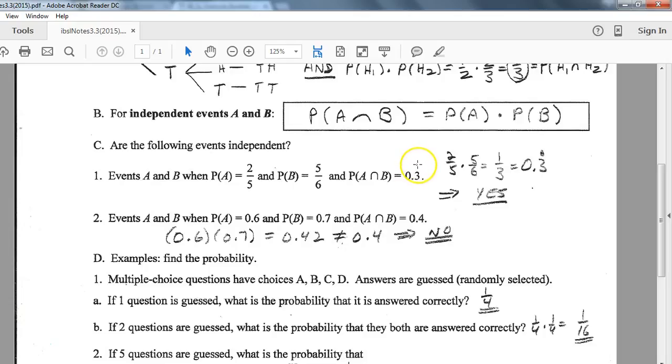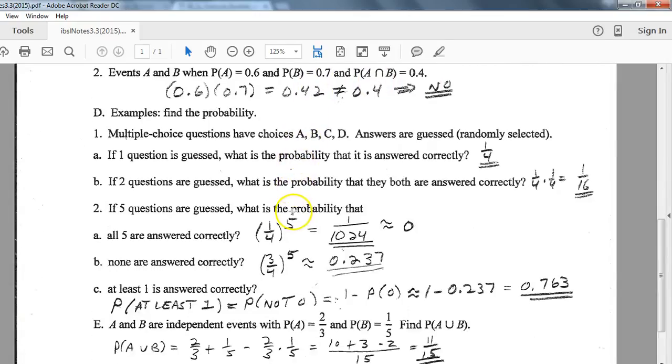So technically this is 0.33333333. So that's where you're seeing the 1/3 right there. And if you do the math, yes, this does equal 1/3. So we would say, yes, those events are independent. But if you compare that to this one right here, if I did 0.6 times 0.7, I do not get 0.4 as my answer. So these are not independent events.